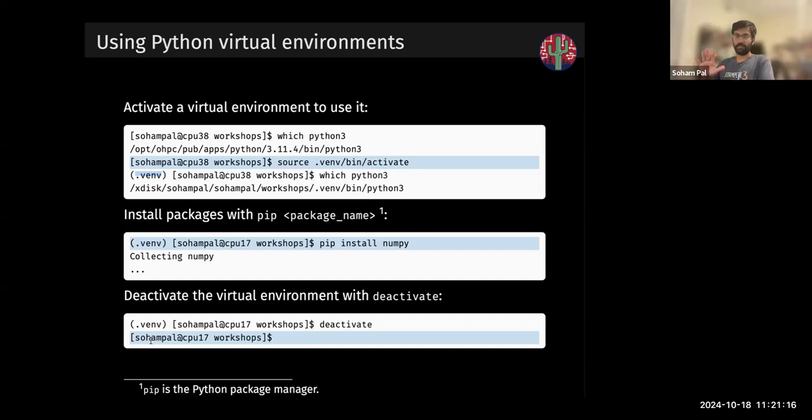So that's the basic use of Python virtual environments. And like I was saying, you can check the Python section in our docs, and that should give you more info on this.